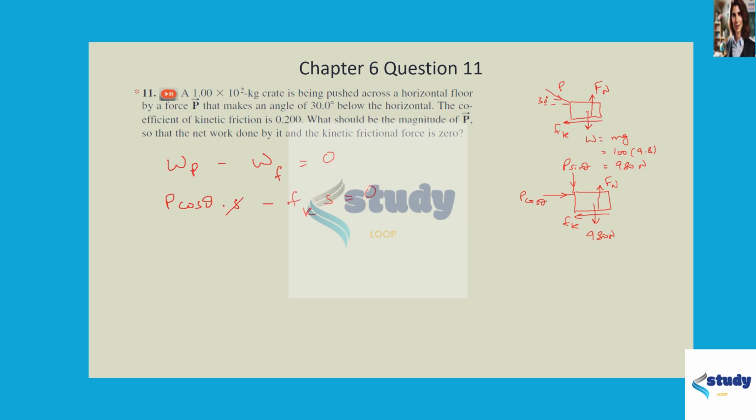Since S is the same distance traveled by both of them, we can simplify this to say that P cosine theta is equal to Fk, and P times cosine of 30 degrees is equal to 196 minus 0.1 P. Cosine of 30 degrees is approximately 0.866. When I solve this for P, I get P is equal to 256 newtons.